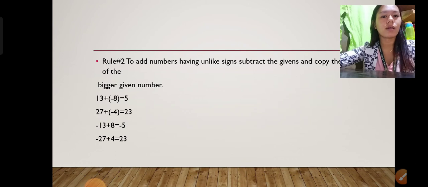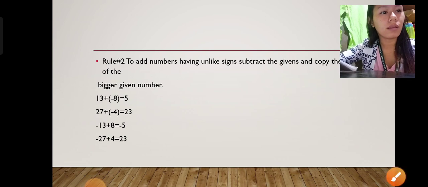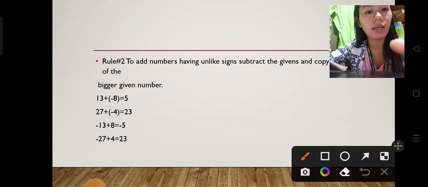Okay? So next is 27 plus negative 4 is equal to negative 23. So why negative 23? Because the bigger number is negative. Negative pala ito, negative 23 ito.